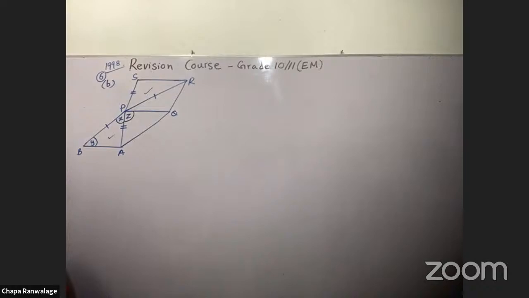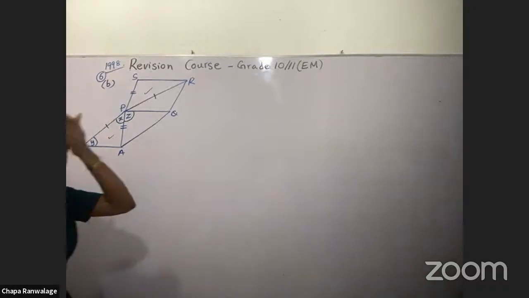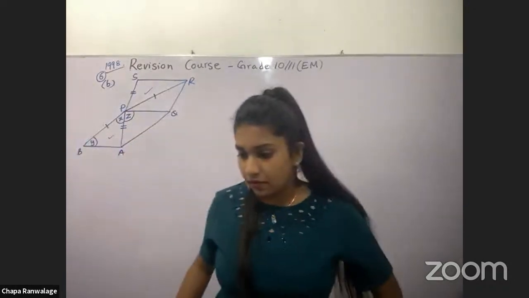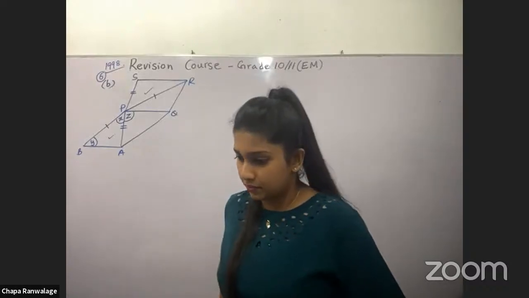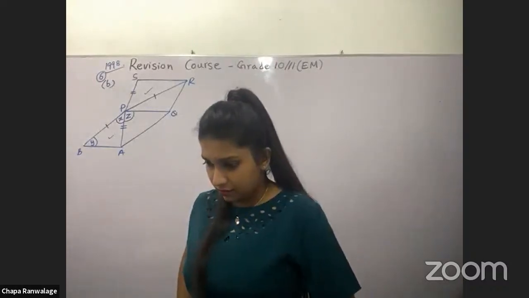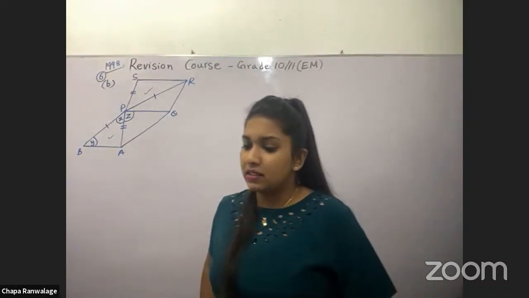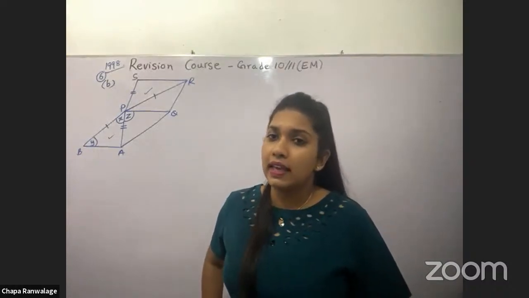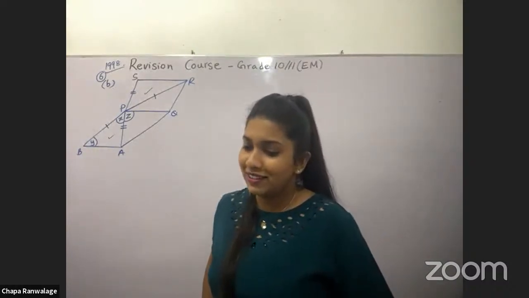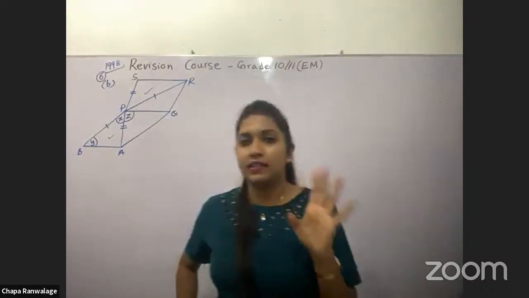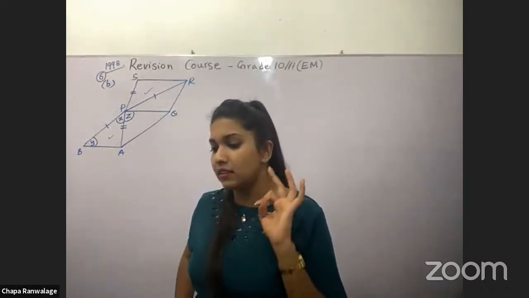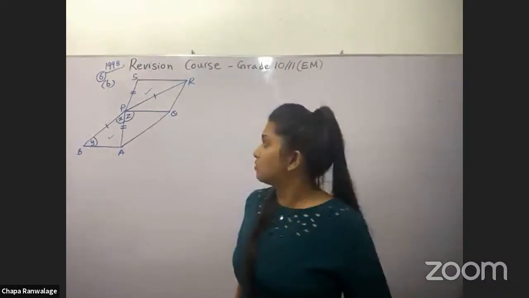What is the case, children? Is it SSS or SAS? I got SAS, SSS and AAS. So which one is the correct one?